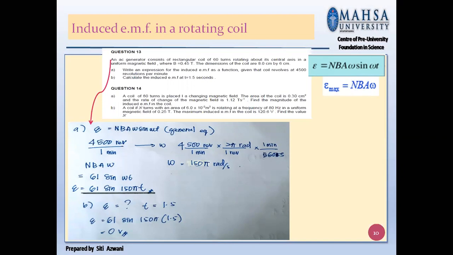So I have the answer here for question number 13. Let's do the question here. You have an AC generator consisting of a rectangular coil rotating about its central axis in a uniform magnetic field where B is equal to 0.5 Tesla. The dimensions of the coil are 8 cm by 6 cm. So the area of the rectangular coil is 0.08 times 0.06 meter.